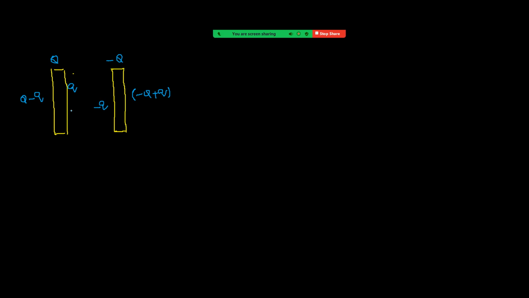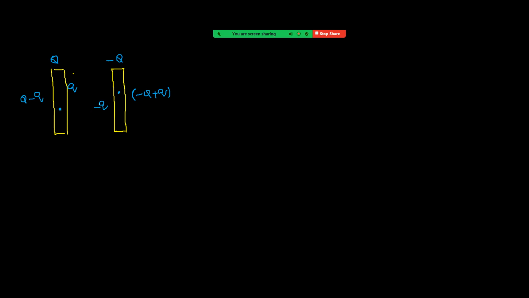Right. Now, here also the key point is the same. Inside the conductor, field must be zero. Take a point here, or we can take a point here, any point inside, and field must be zero. Now see carefully. Because of this charge, suppose it is repelling this one, then this will attract.